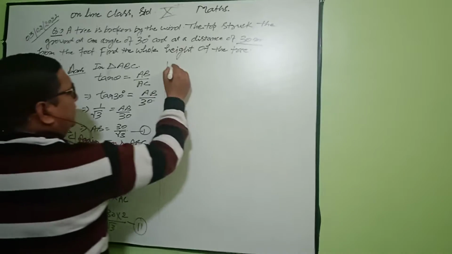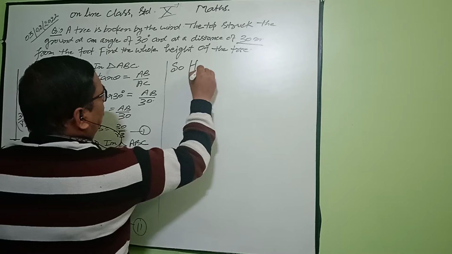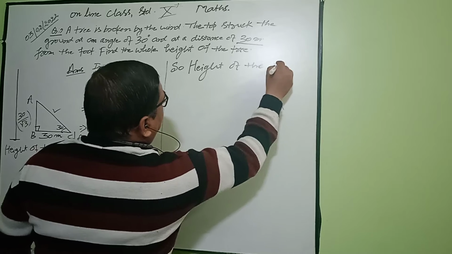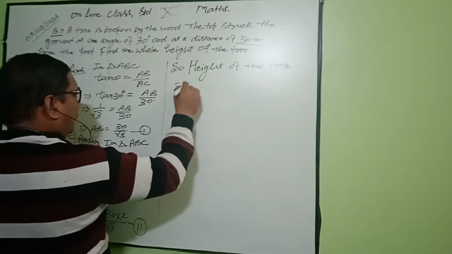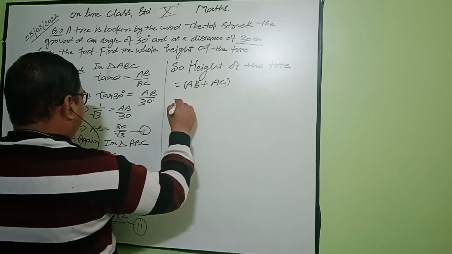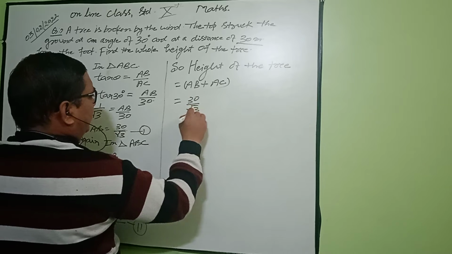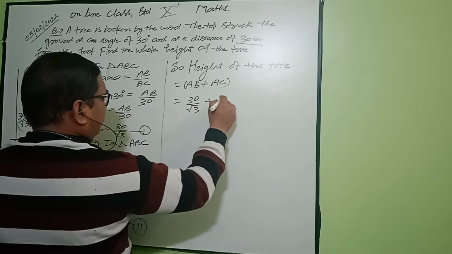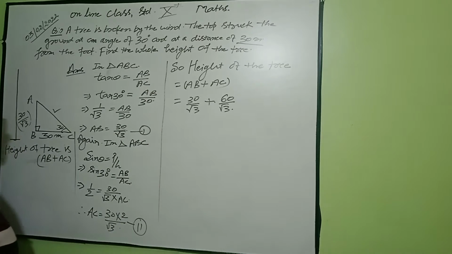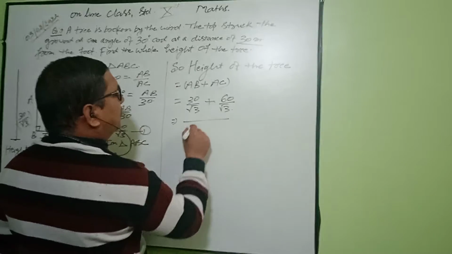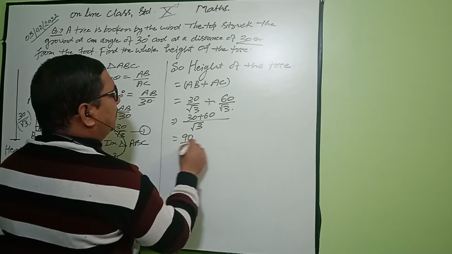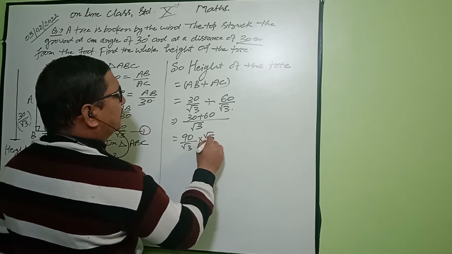Now height of the tree equal to AB plus AC. AB is 30 by root 3 plus 60 by root 3. Take LCM root 3. 30 plus 60, that is 90 by root 3. Rationalize it.